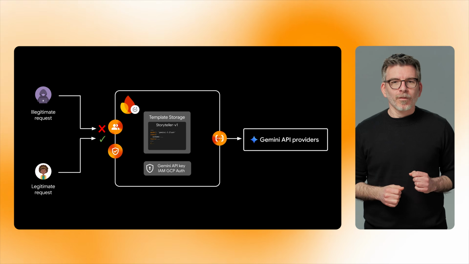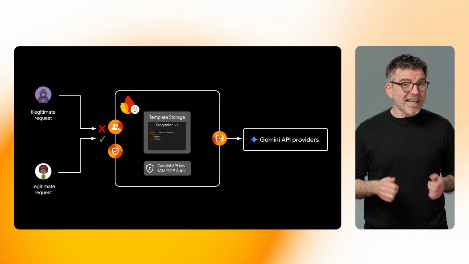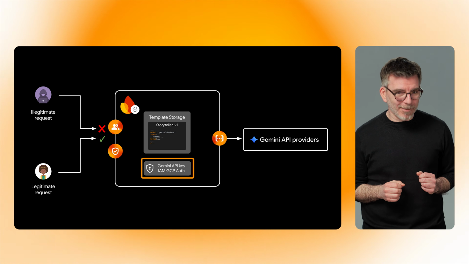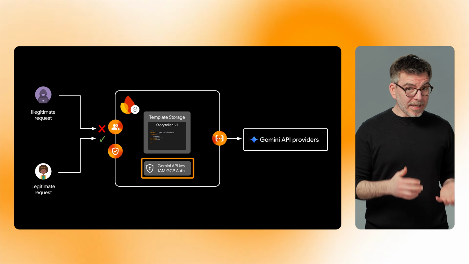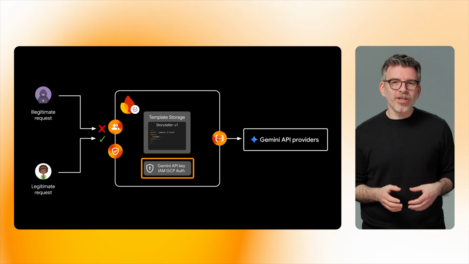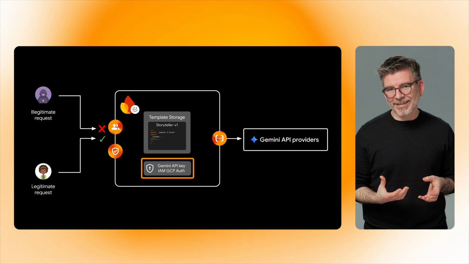Speaking of which, let's step back and look at the full security picture. First of all, Firebase AI Logic never exposes your Gemini API key to the client device. Your API key lives on the server, managed by Google, hosted in our secure data centers.